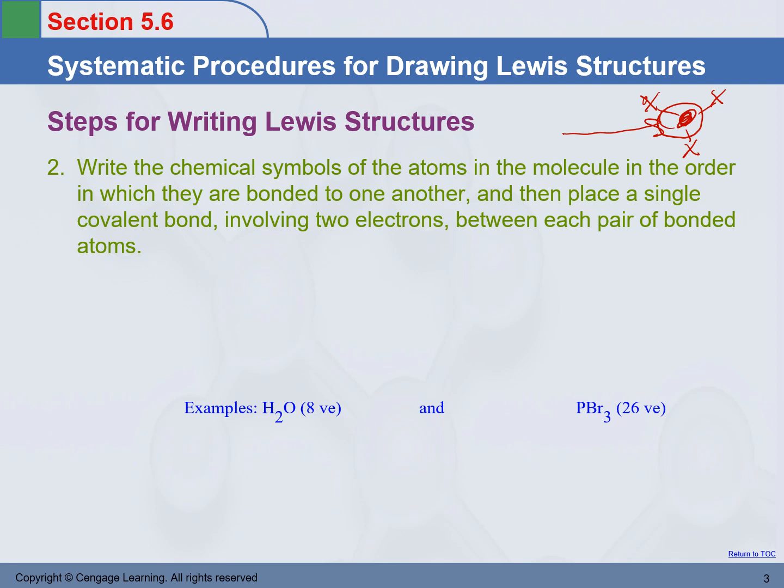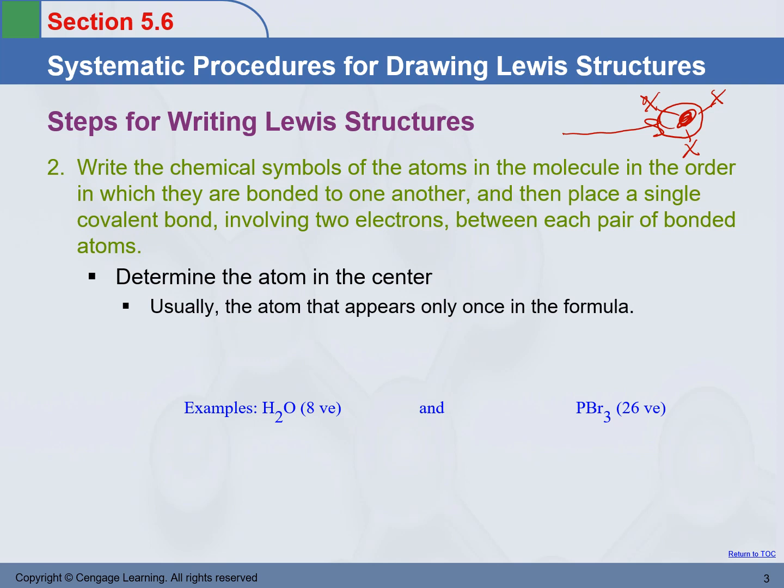All right, now let's look at how we can find the atom in the center. Number 1, usually the atom that appears only once in the formula is the center atom.